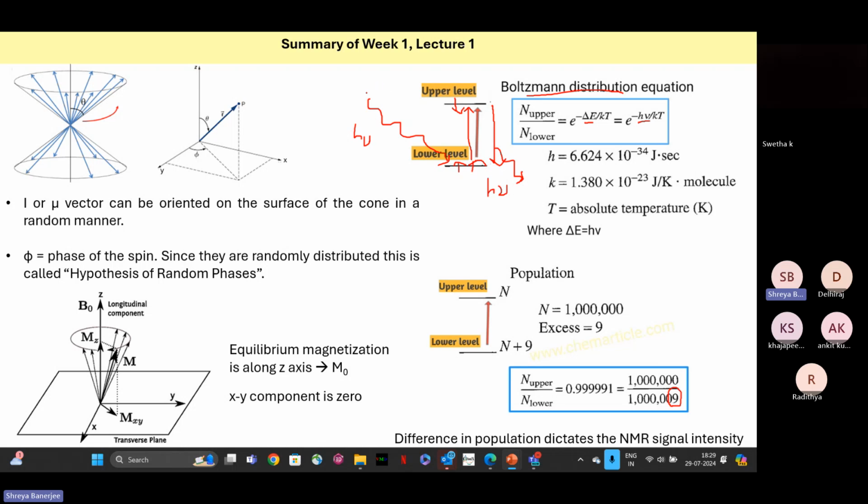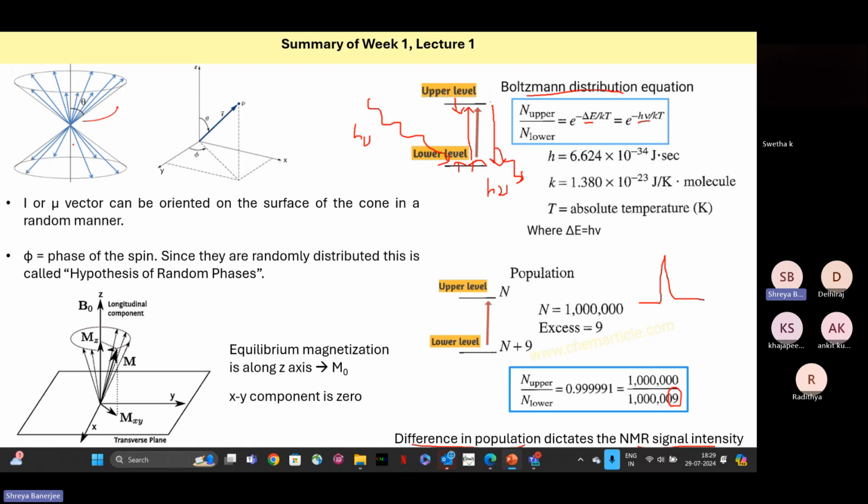If h nu absorbed and h nu released is the same, then there is no net absorption, so you will not observe any signal. But because there are these additional 9 nuclei in the lower level, the absorption is greater. So you will see an absorption spectra like this, which is basically your NMR spectra. It is this difference in population between the upper and lower level that is dictating the NMR signal intensity.